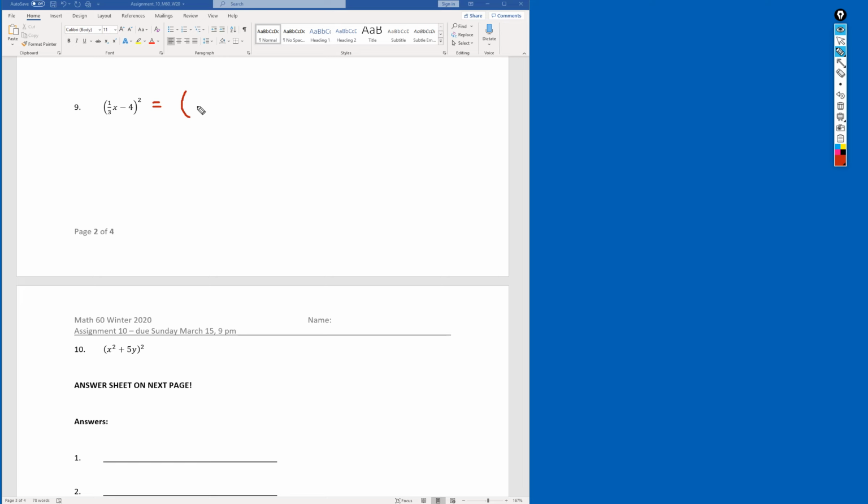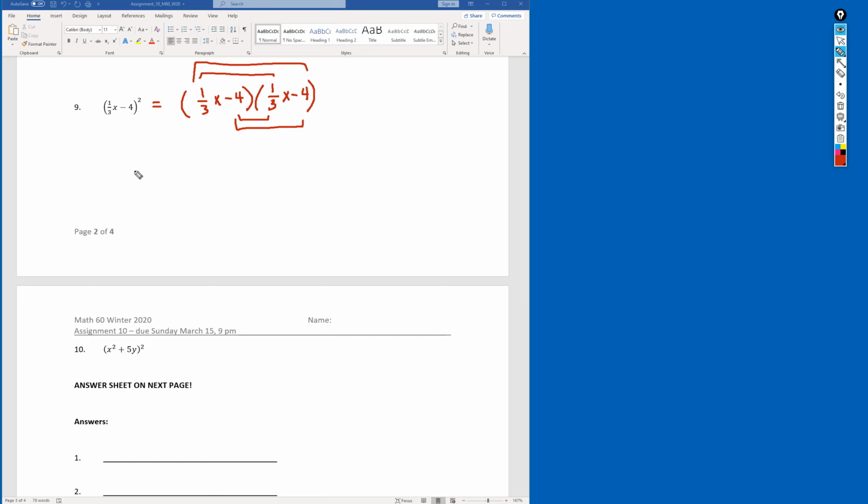What it means is 1/3 x minus 4 times 1/3 x minus 4. And then we have to FOIL it. Here's first, outer, inner, last.